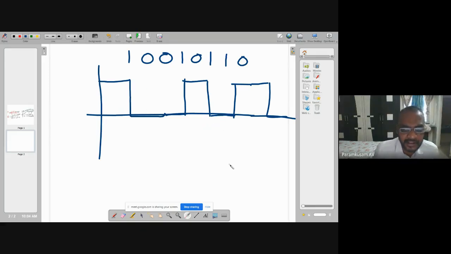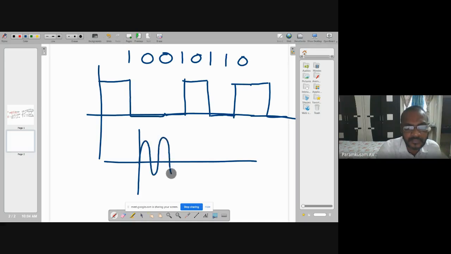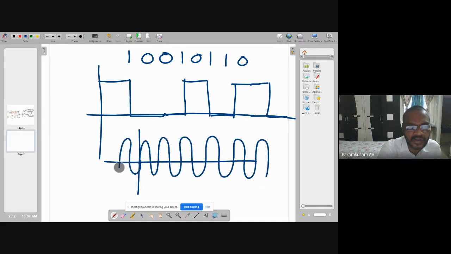Here I take the high frequency carrier. This high frequency carrier has amplitude as well as frequency as well as phase angle.